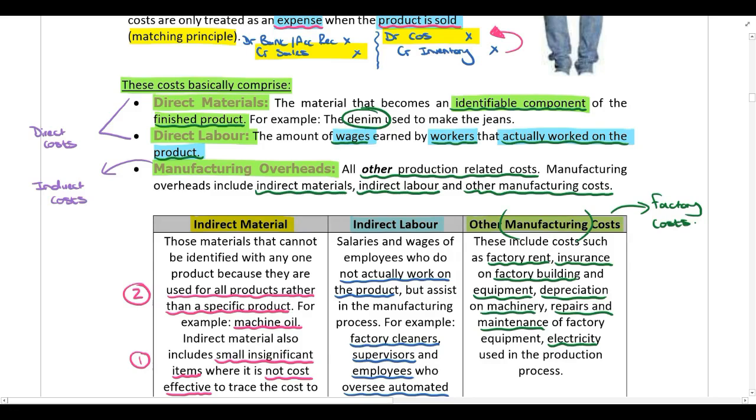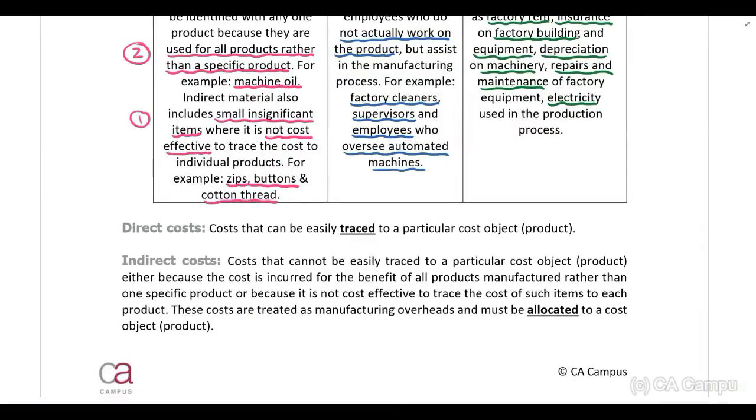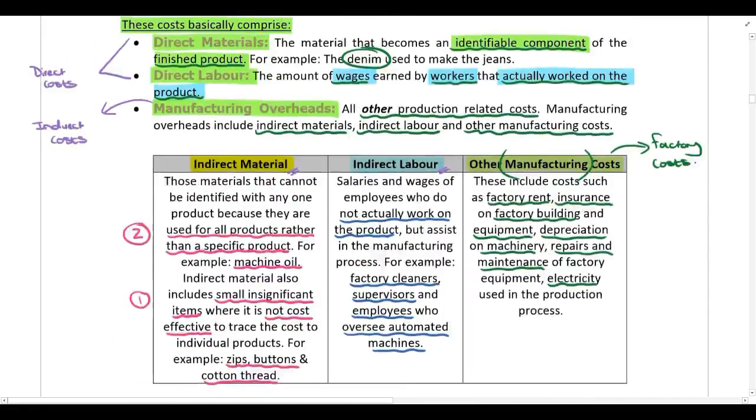Because remember, your manufacturing overheads includes indirect material and indirect labor. Now, this is important because direct costs can be traced to a particular product. On the other hand, indirect costs cannot be easily traced to a particular product, and instead the cost must be allocated to the product. So let's discuss this in a bit more detail.